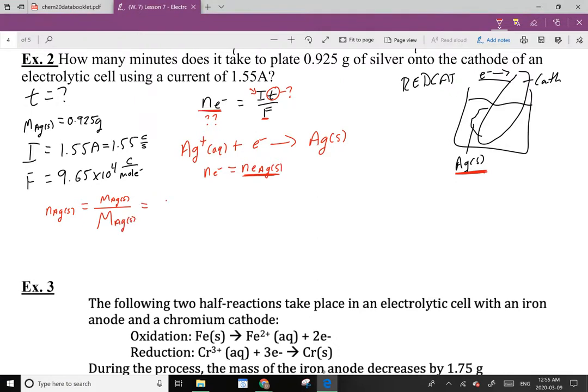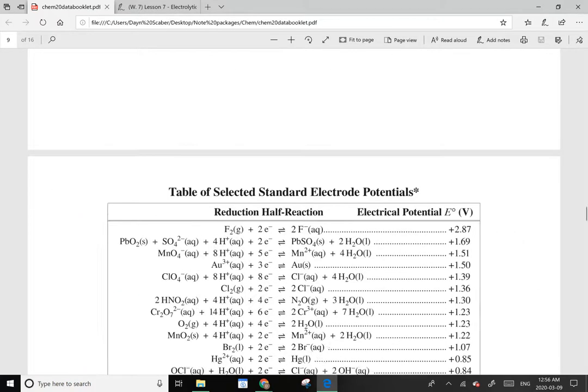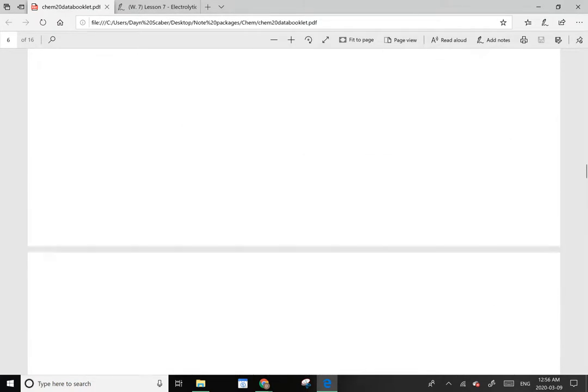So in this case, we have 0.925 grams over, and we can find the molar mass by going to our data booklet again. And let's find the page with our molar mass of Ag solid.